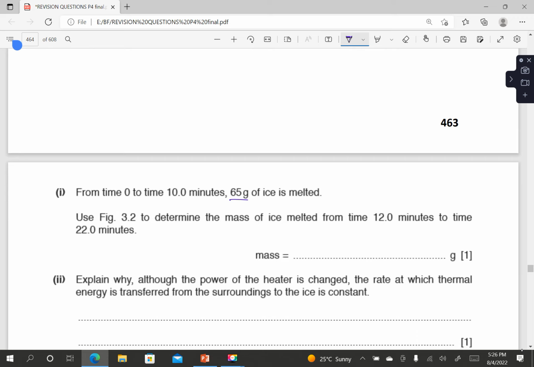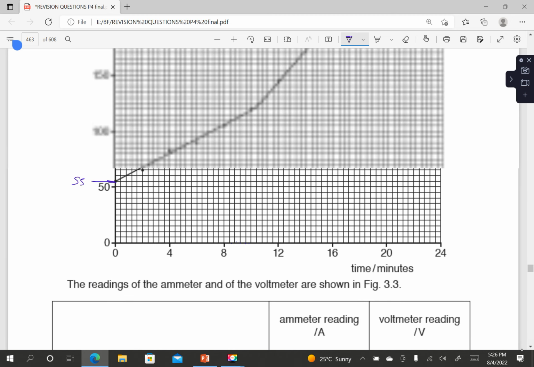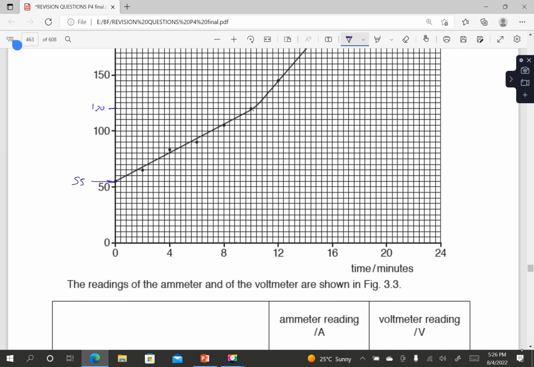Then use the figure to determine the mass of ice melted from 12 minutes to 22 minutes. So we go back to the graph, we look for 12 minutes. 12 minutes is here. I think this is 145 for 12 minutes. Then 22 minutes.